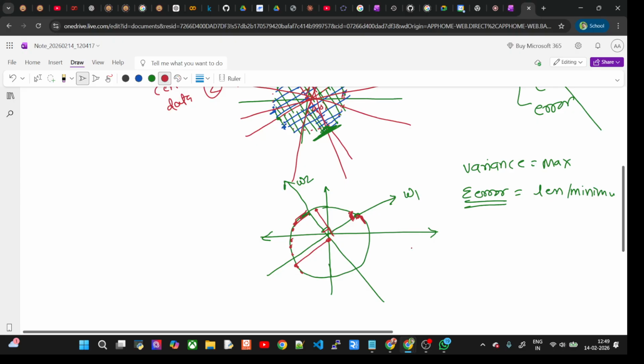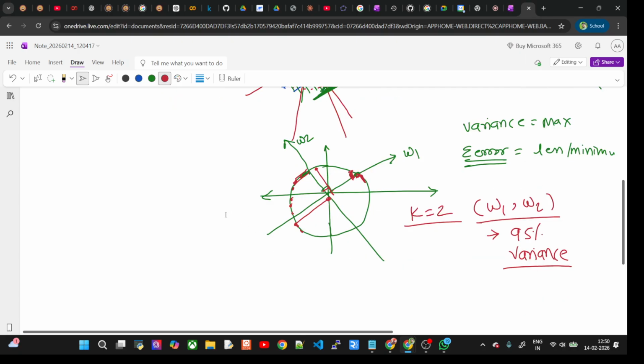So here I said k equal to 2 because I consider W1 and W2. I am happy with W1 and W2 because with them I am getting 95% of the variance, so I'm stopping at W1 and W2. I don't want to go to W3, W4 because I got the maximum variance in W1 and W2.